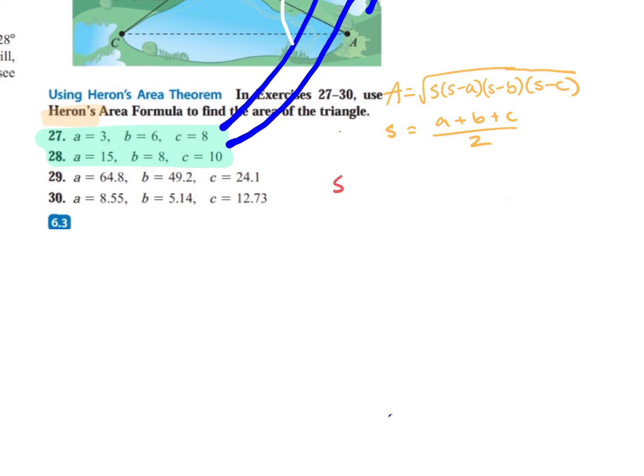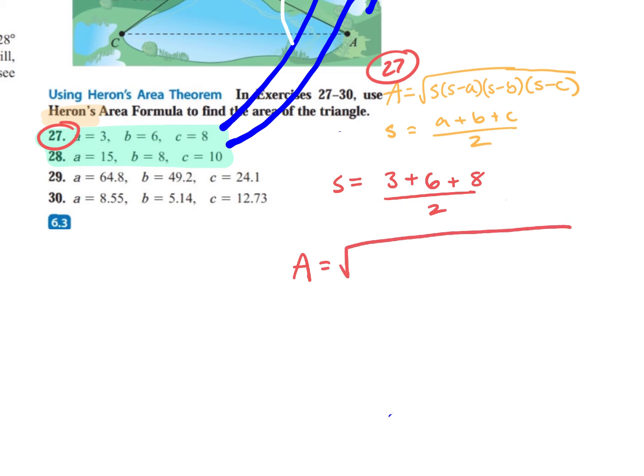So to find S here, it would be 3 plus 6 plus 8 divided by 2. So I'm doing number 27. 3 plus 6 plus 8 divided by 2 would be 8.5. So I'm going to plug that into my formula here.